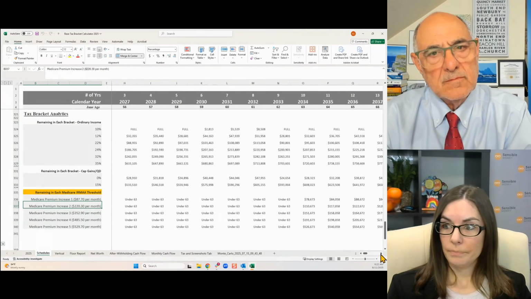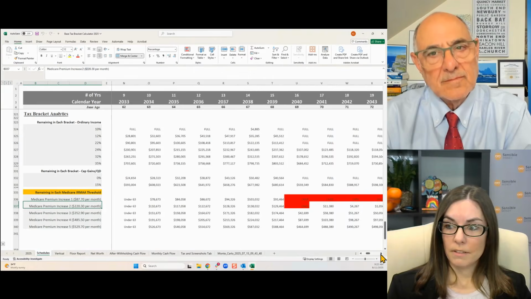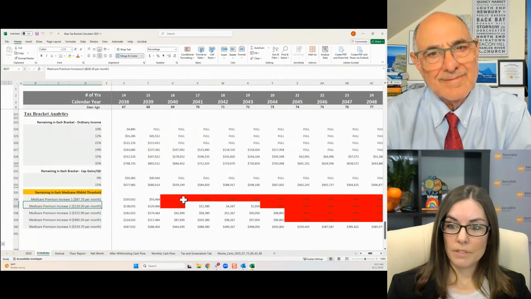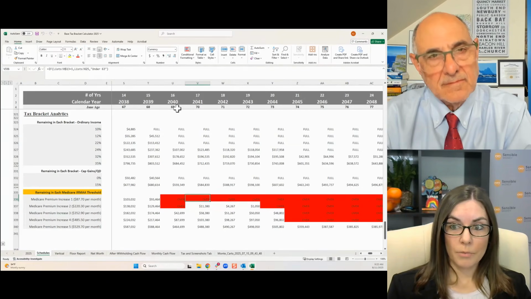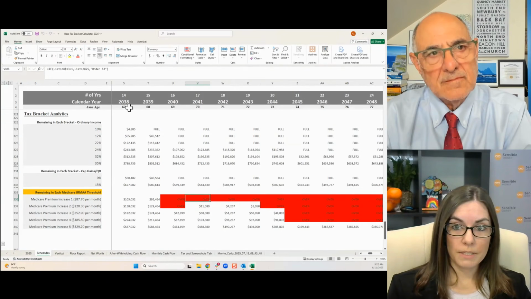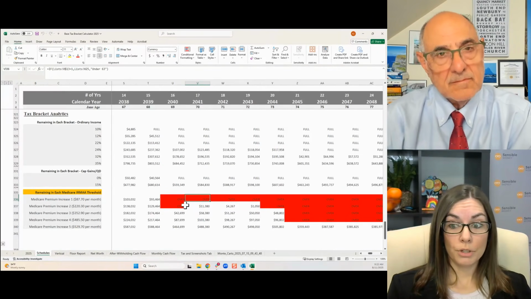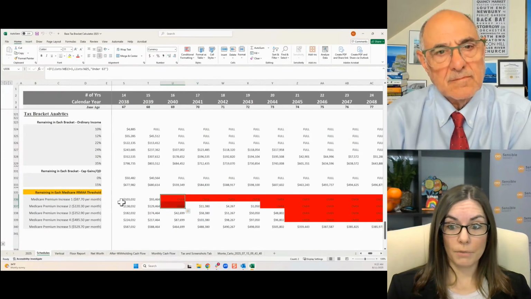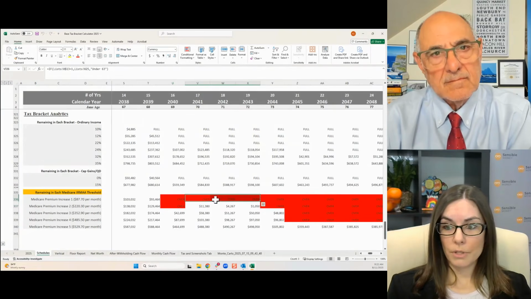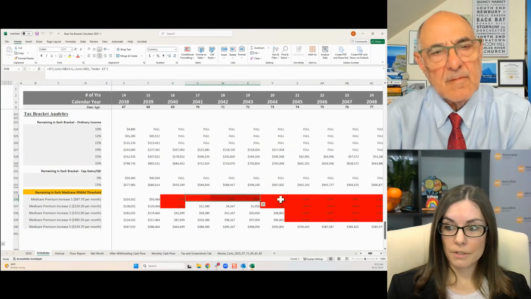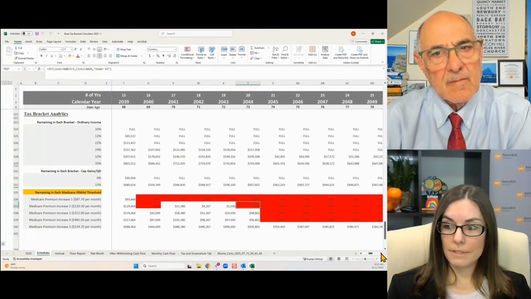But eventually, what happens is I highlighted in red, you see the word over. Well, what this is saying is the year she turns 69, if we look back 2 years from when she was 67, the IRA withdrawals she took that year pushed her over 2 of the Medicare thresholds. Then she's only over a little bit for the next few years. But as time goes on, you see lots of red.